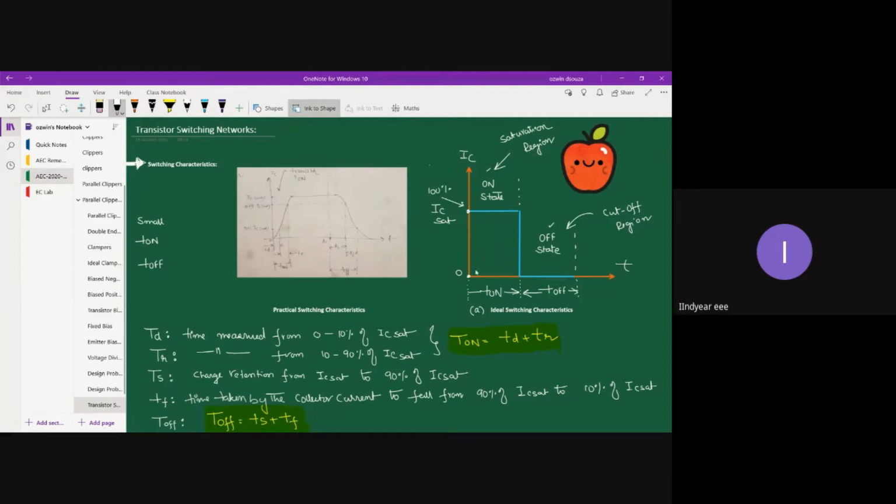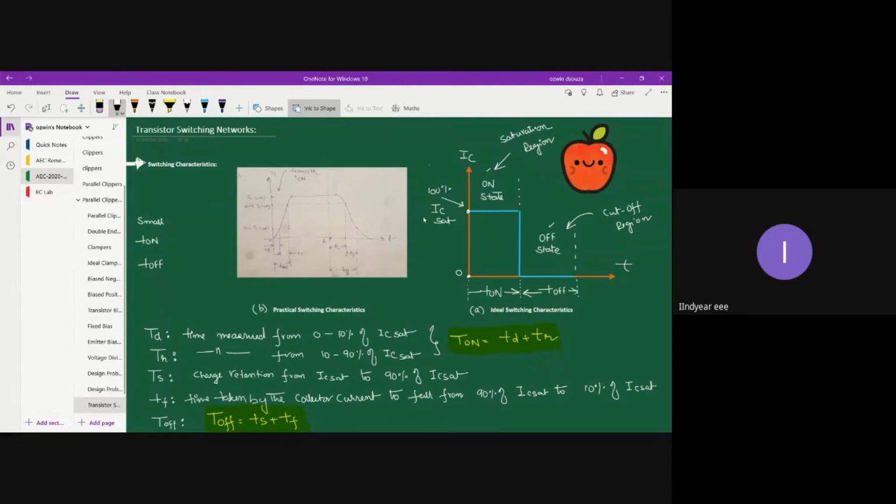However, in case of practical switching, you do not get this staircase waveform. The practical switching characteristics differ slightly from the ideal characteristics. So in figure B, I have drawn the practical switching characteristics.